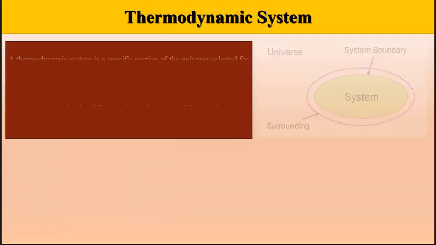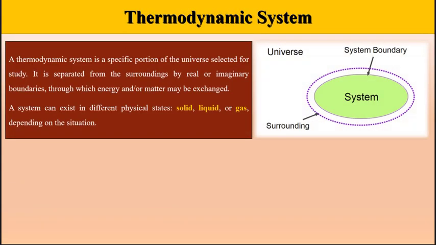So, what exactly is a thermodynamic system? This image helps clarify the concepts. A thermodynamic system is a defined portion of the universe selected for study. It is separated from the surroundings by real or imaginary boundaries, through which energy and matter may be exchanged.